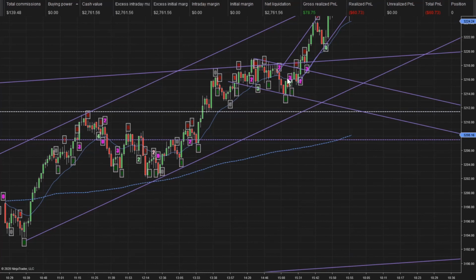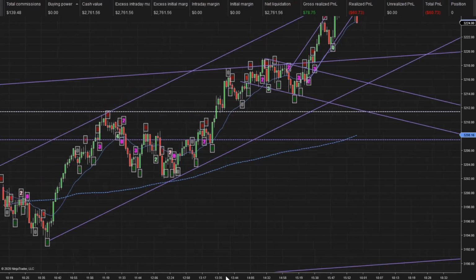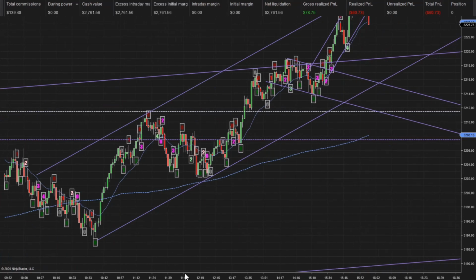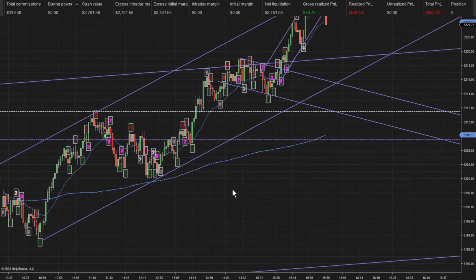It was an okay trade, but we had the resistance like this, and I should have just kept in mind this strong uptrend that we were in. You live and learn.